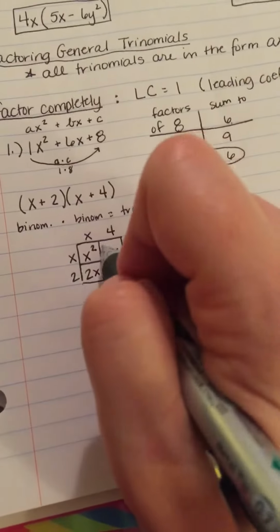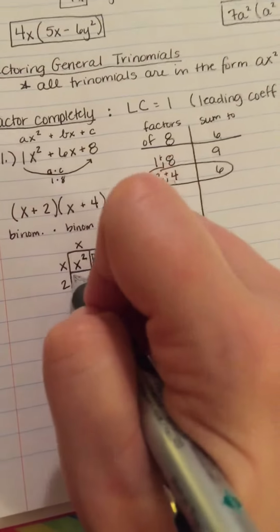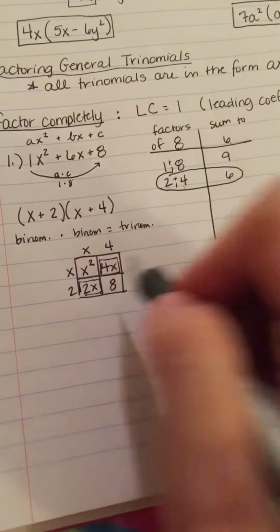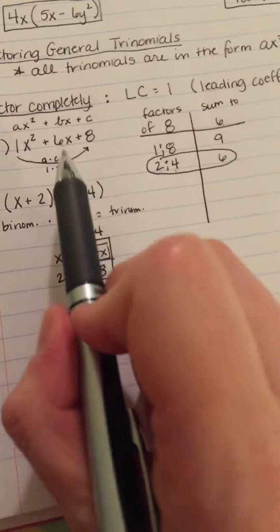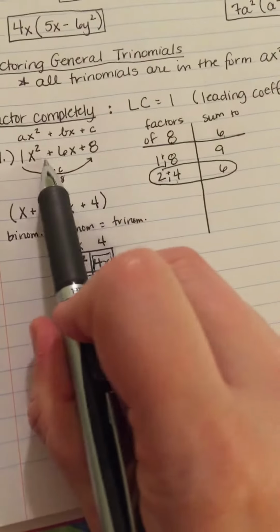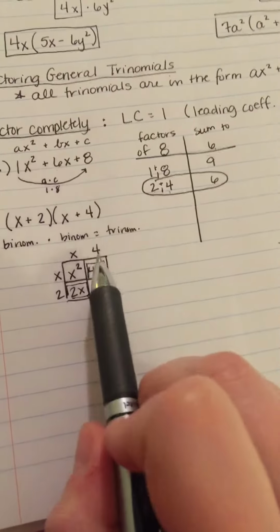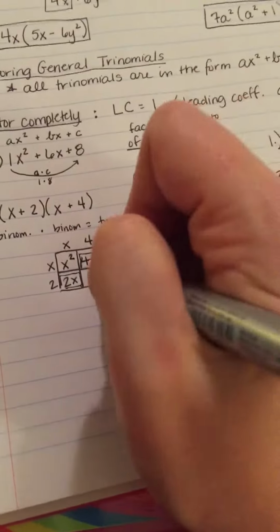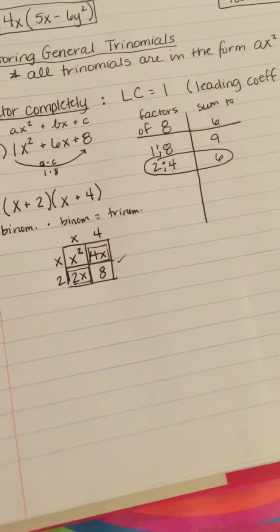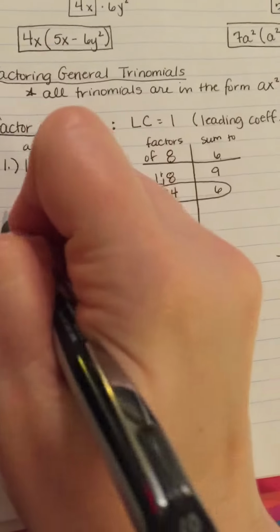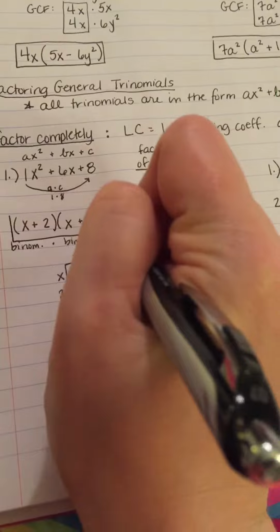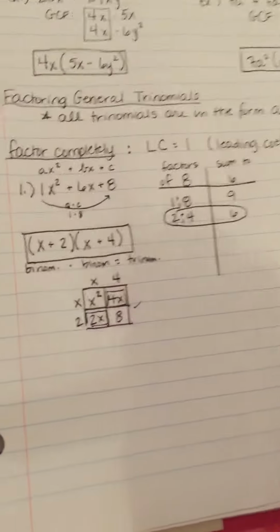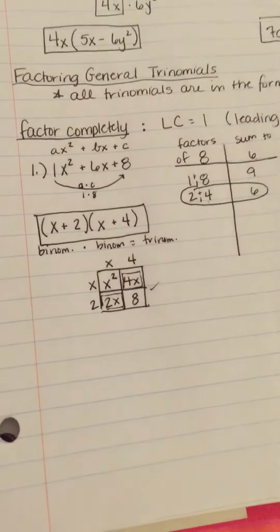Okay, when I combine my like terms, I got a 2x and a 4x. Well, that makes a 6x. And there it is, x squared, 6x, and 8. So that's how I know I got my answer right. Okay, so my final answer, my two binomials that I multiplied together, are x plus 2 and x plus 4.